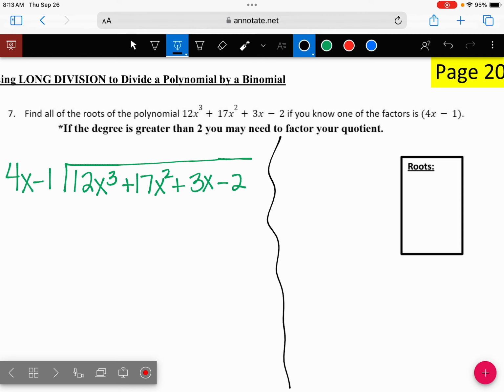So we're going to start off by dividing your first terms. Our first terms will be 12x cubed and 4x. So let's do that off to the side. You're dividing the numbers, subtracting your exponents.